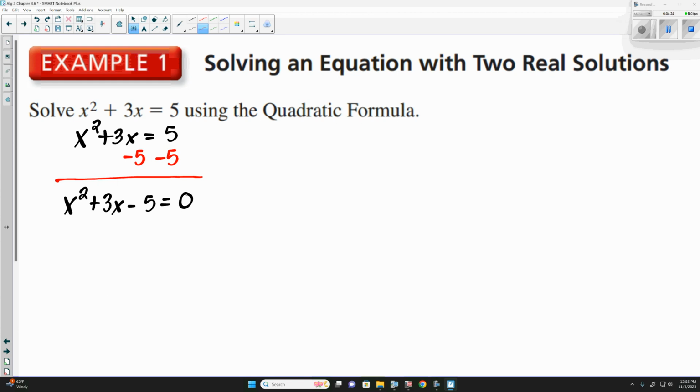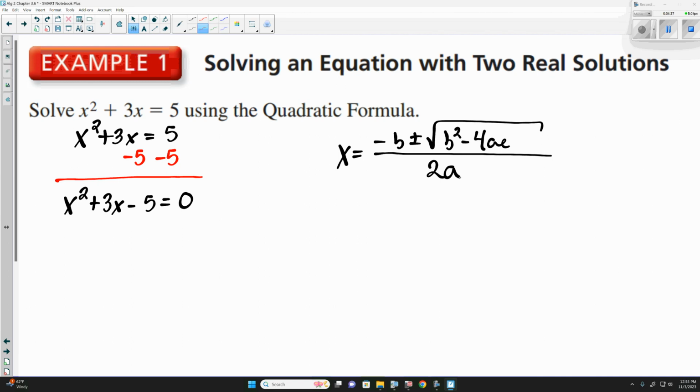Now, the formula itself, x is equal to negative b plus or minus the square root of b squared minus 4ac all over 2a. So we need to know what the value of a, b, and c is.